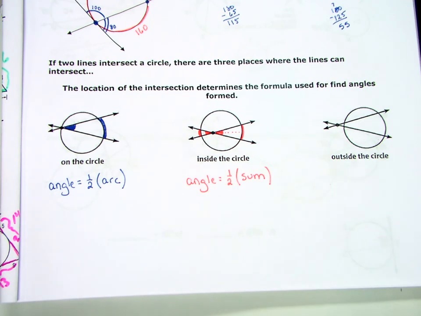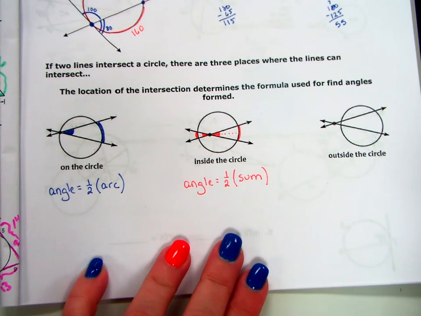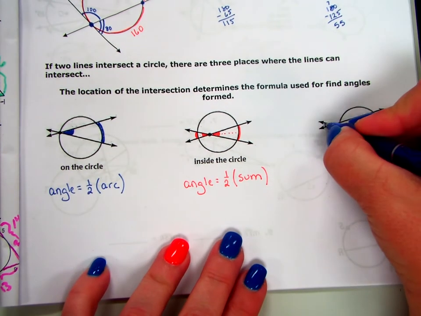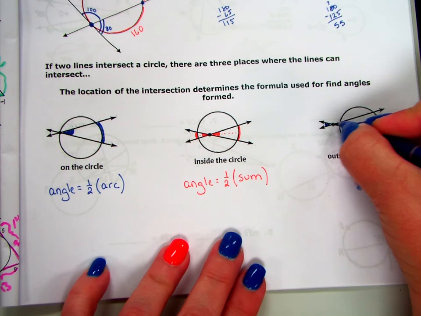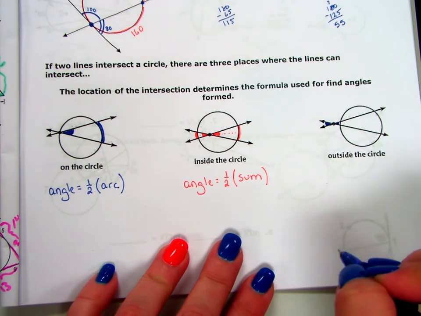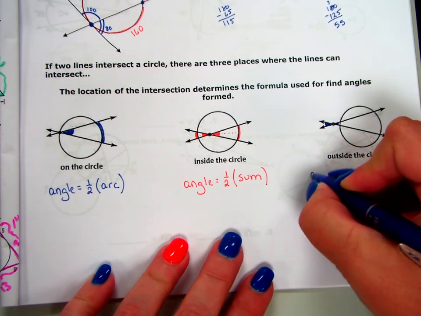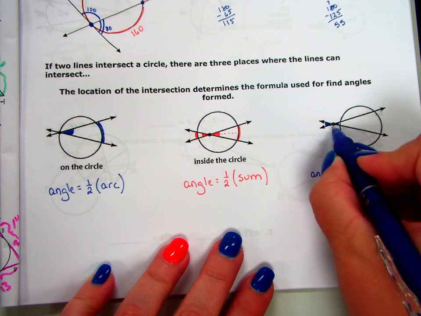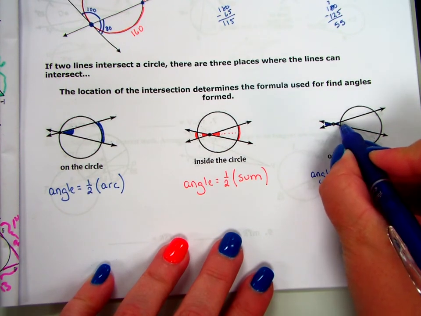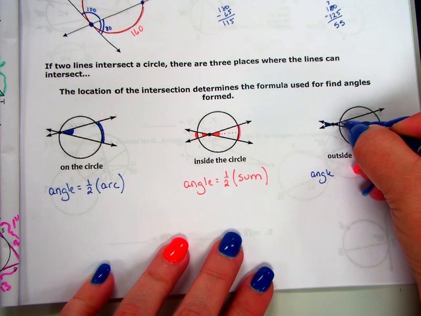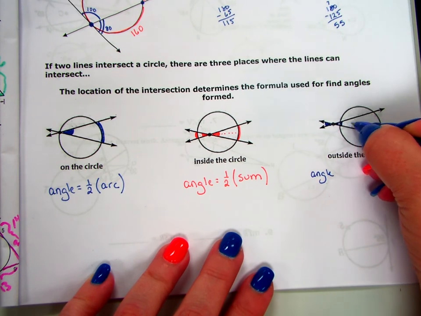Okay? And then the third situation that can happen is if I have 2 secants, they could intersect outside the circle. And if they intersect outside the circle, then I would still have these vertical angles here and here. And to find that angle, since that intersection is not exactly on there, as I come out, I'm going to intersect this tiny little arc.